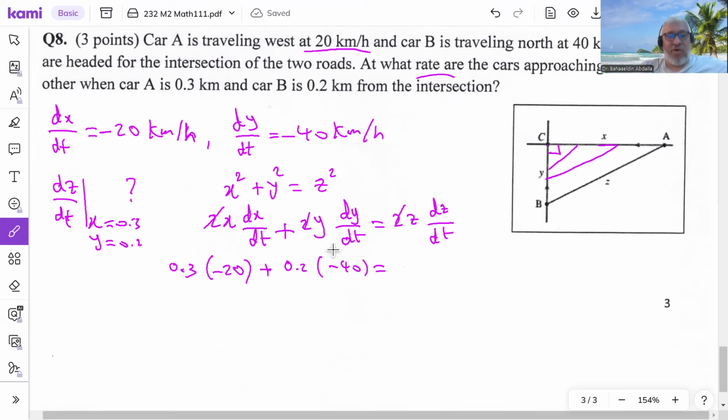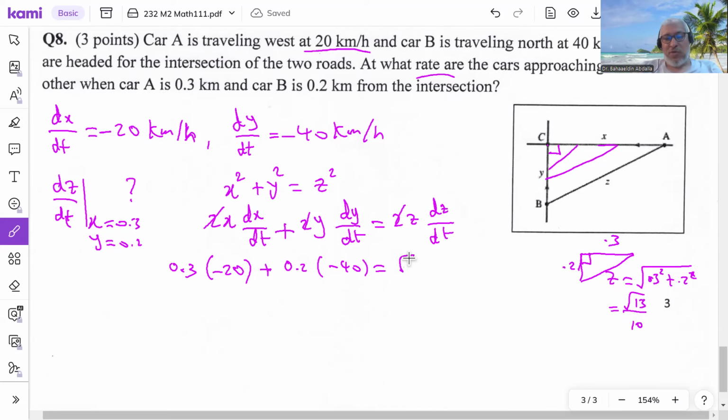I don't have z in the question, but in this triangle, when x is 0.3 and y is 0.2, I can find z. z would be the square root, from the Pythagorean theorem, of 0.3 squared plus 0.2 squared. Using the calculator, it would be the square root of 13 over 10.